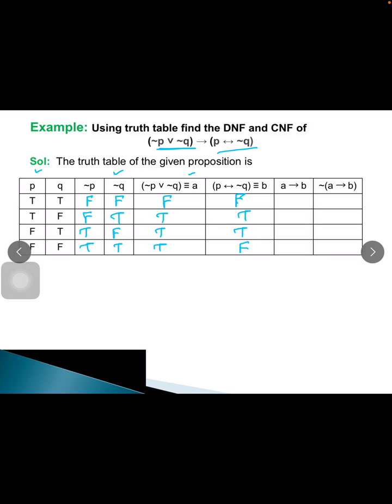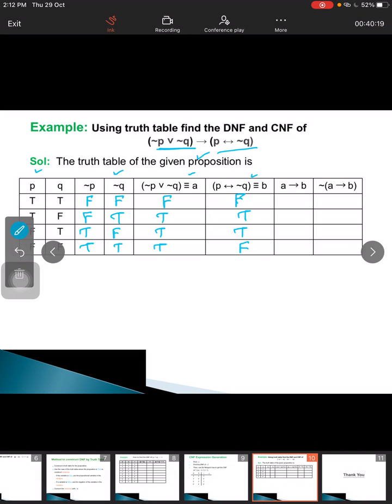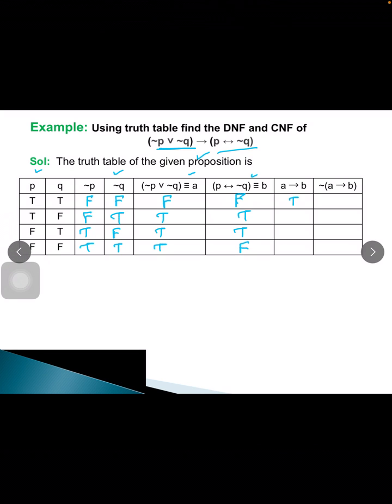Now we say this compound proposition is A, and this compound proposition is B. Now we need to find the implication between both of these. So A implies B: false implies false gives true, true implies true is true, true implies true is true, and true implies false gives the false value.